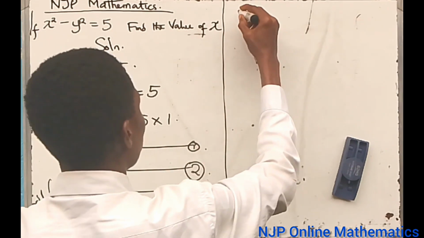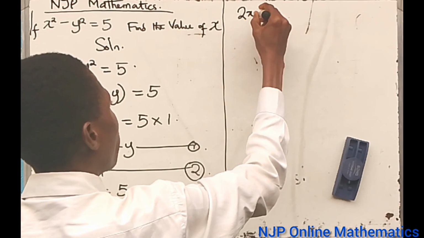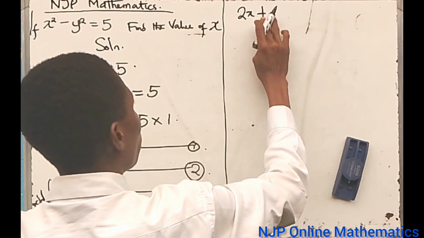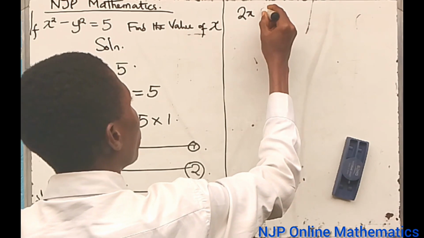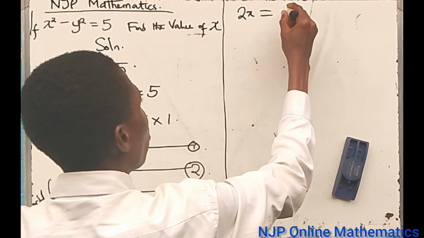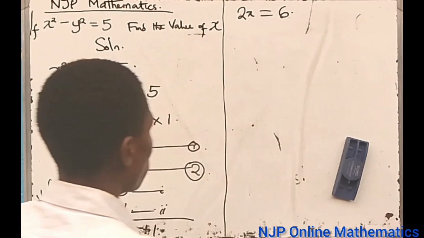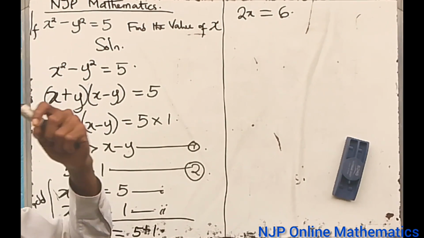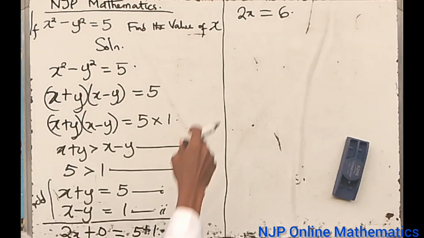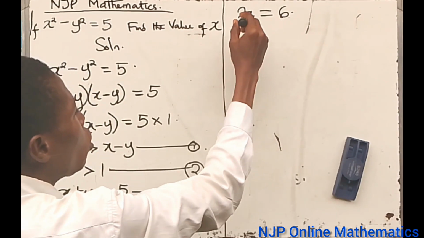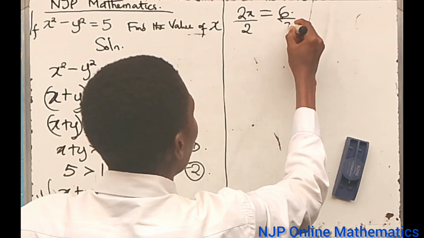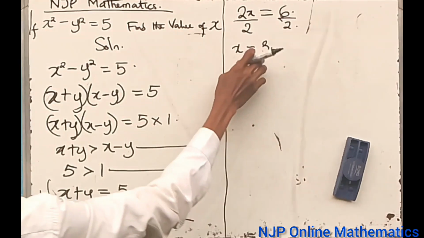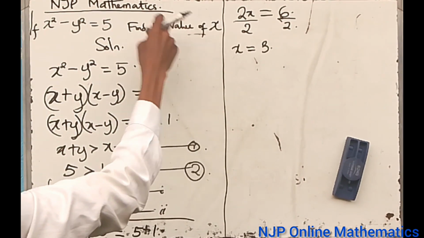So this is the same thing as 2x plus 0 equals 5 plus 1, which is 6. So we now have that 2x equals 6. We divide through by the coefficient of x, and the coefficient of x is 2. So if we divide through by 2, we have that x equals 3. So we have obtained the value of x.